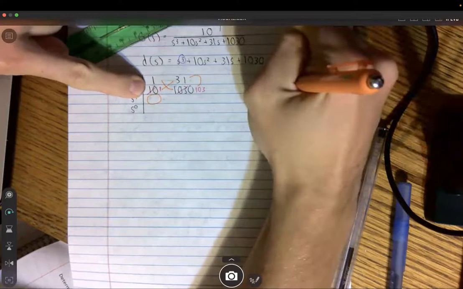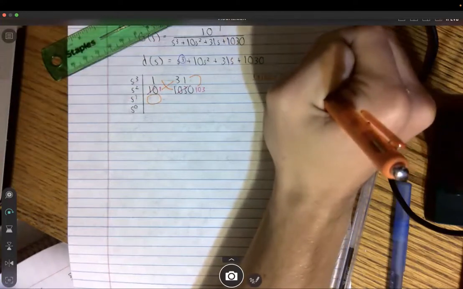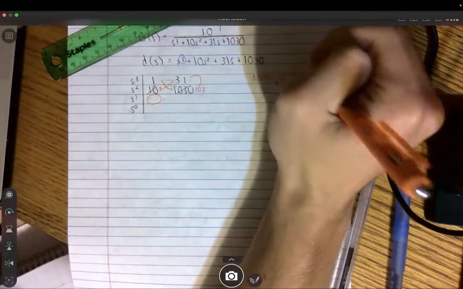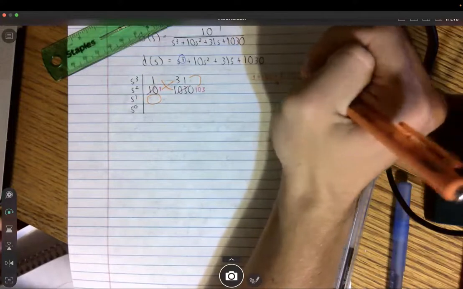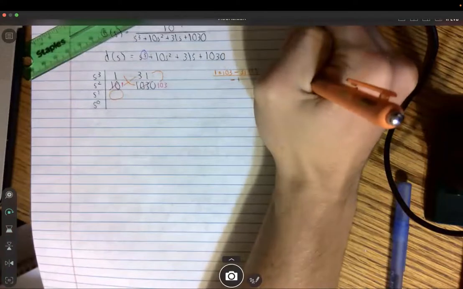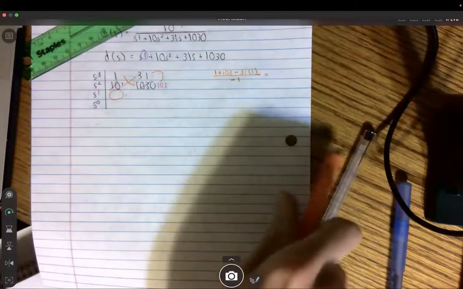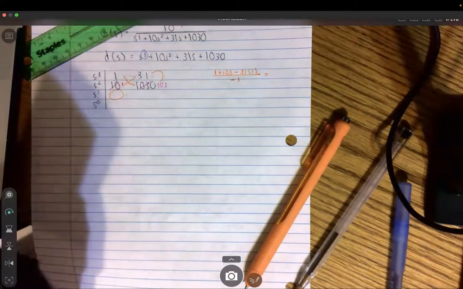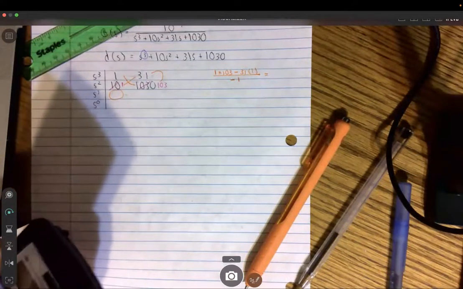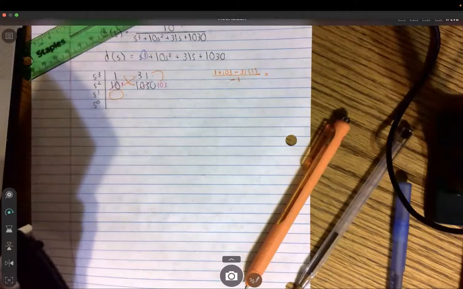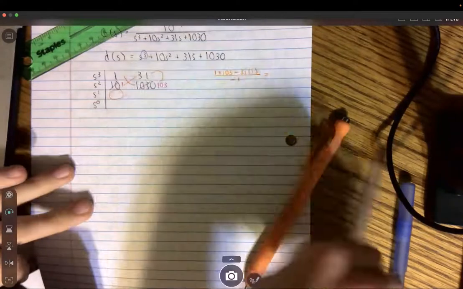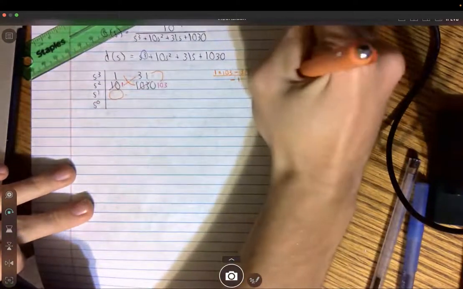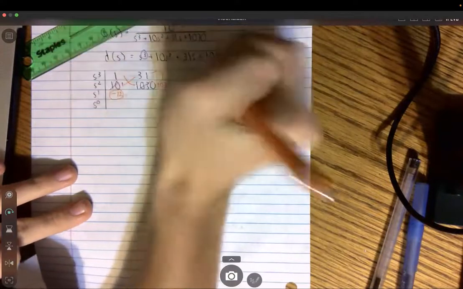And then you apply a negative on this one, so make sure you have a negative in there. So it's going to give you 1 times 103 minus 31. Plug that into your calculator: 103 minus 31 divided by -1. You're going to get -72 for your result here.